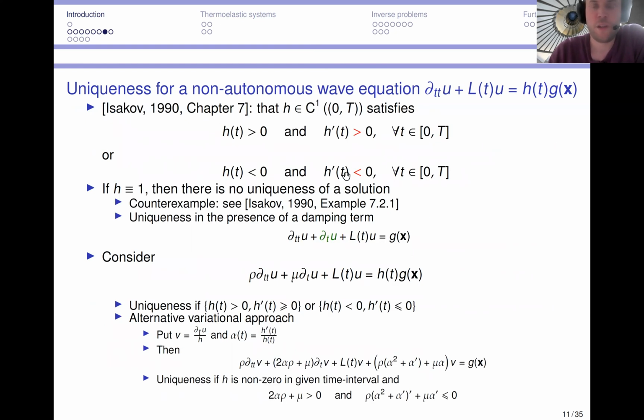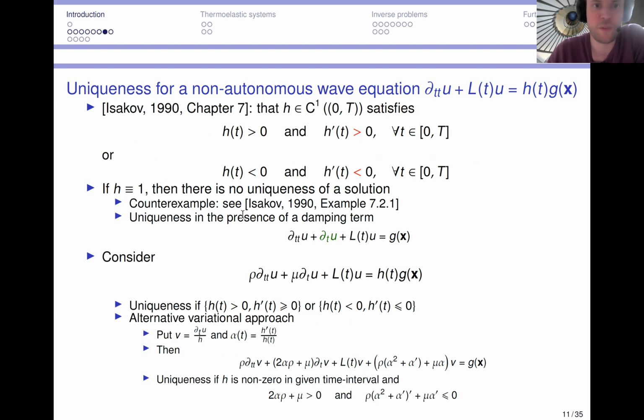So let's explain now the differences when considering the wave equation. So we have here a second order time derivative of u. Then Isakov showed that h should be positive, but also its derivative should be strictly positive. So in the case h equal to 1, there is no uniqueness of a solution.